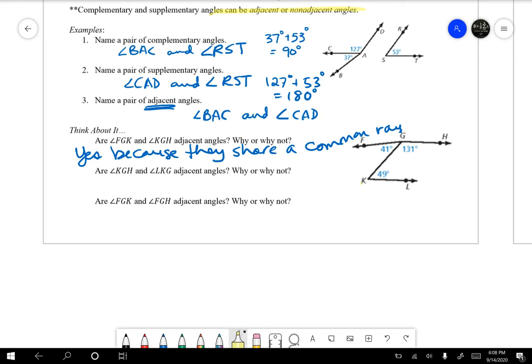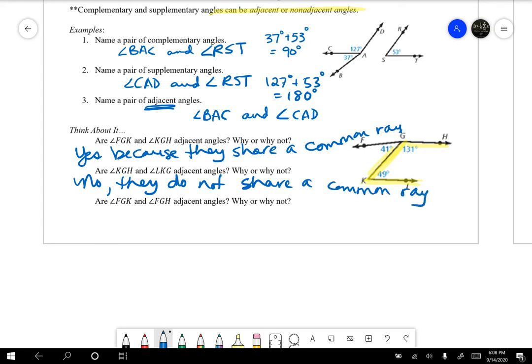Okay, for the second one, KGH and LK, are those adjacent? Do they share a common ray? Of course, we would say no, they do not share a common ray.